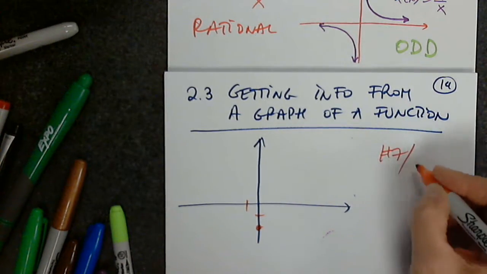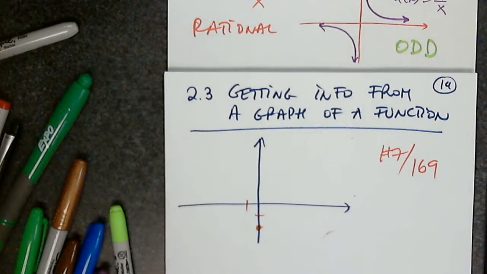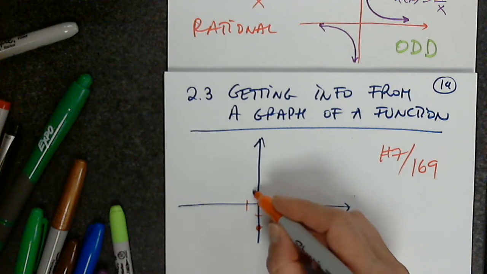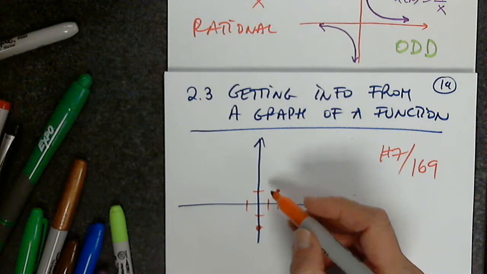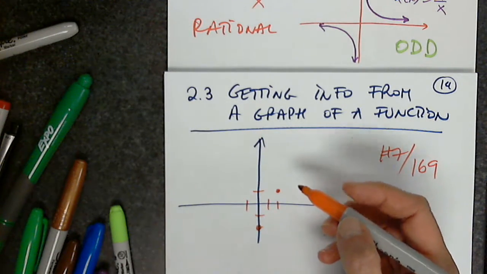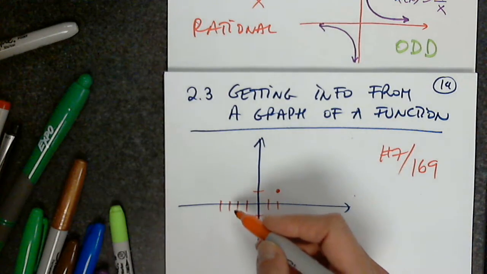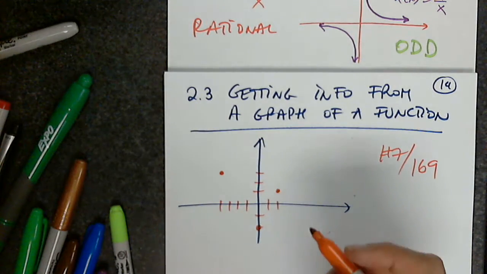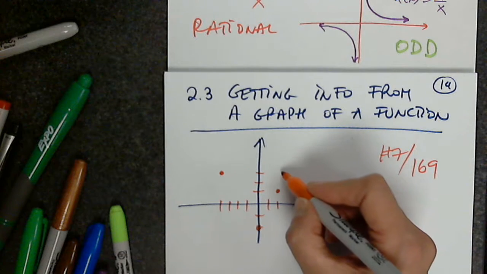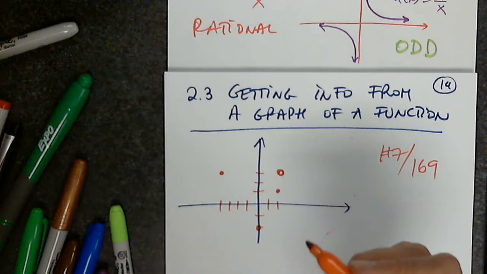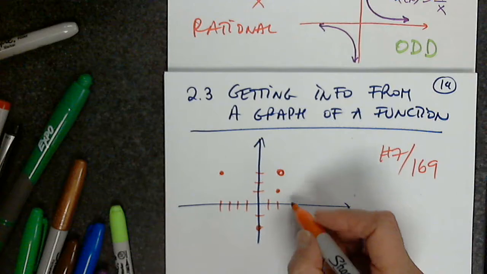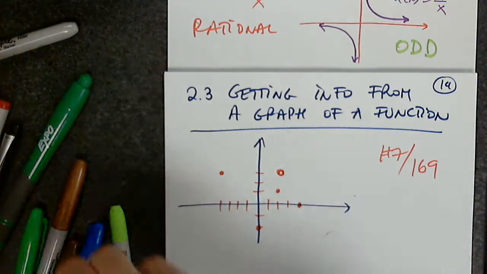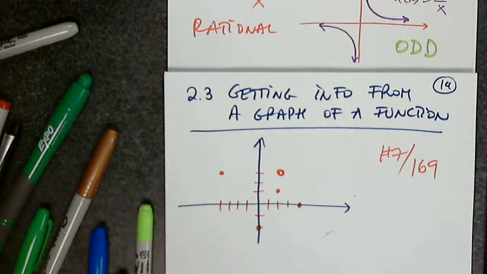We are looking at problem 7 on page 169. Perfect. Here's the graph, approximate graph, of course.